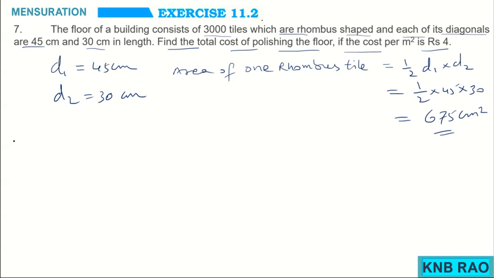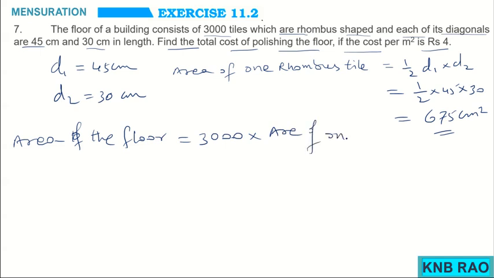But to find the area of the whole floor, we need to multiply 300 times the area of one tile. So 300 into 675 centimeter square will be the area of the floor.